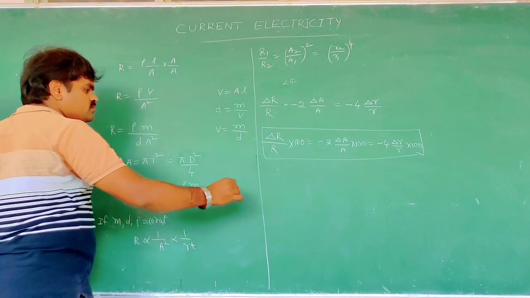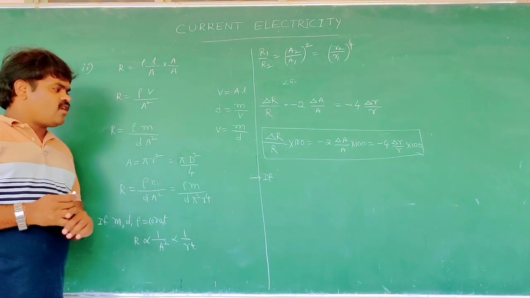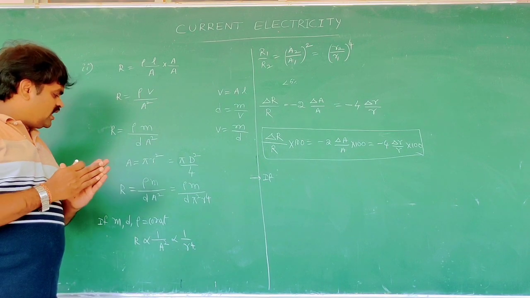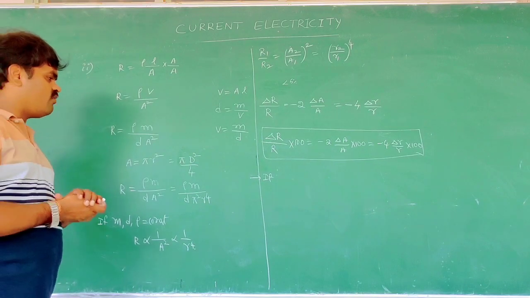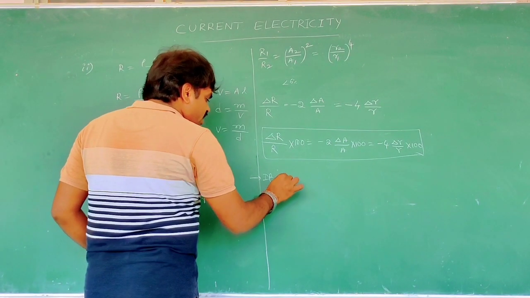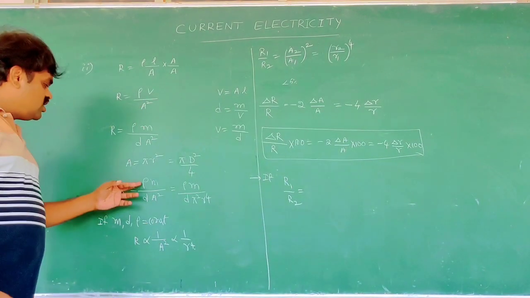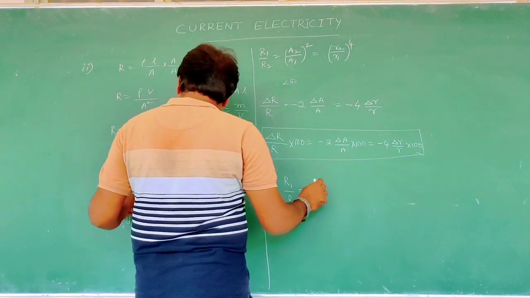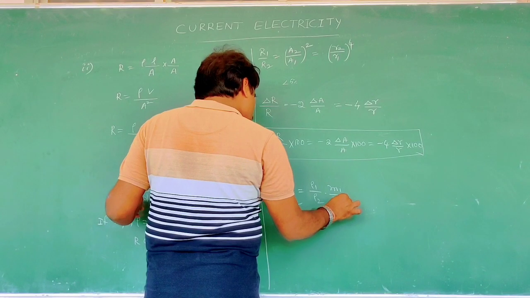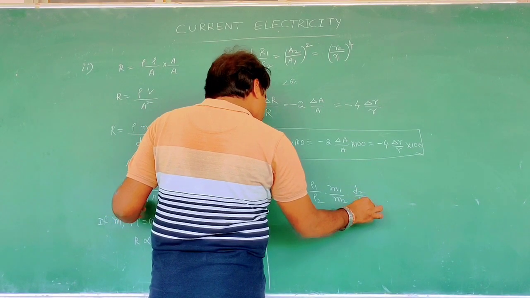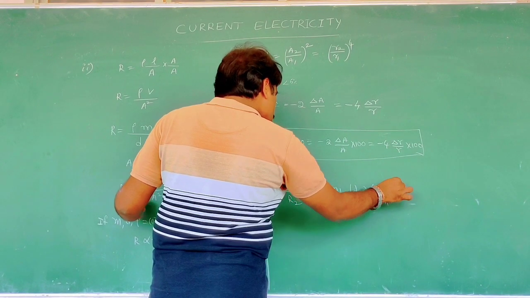If two conductors have given areas of cross section and different masses, and they are made of different materials, then by using this formula, R1 by R2 is equal to rho 1 by rho 2 into M1 by M2 into d2 by d1 into A2 by A1 whole power of 2.